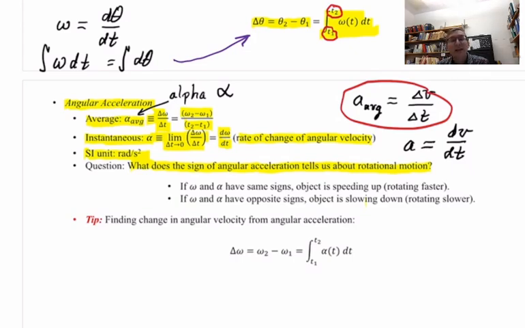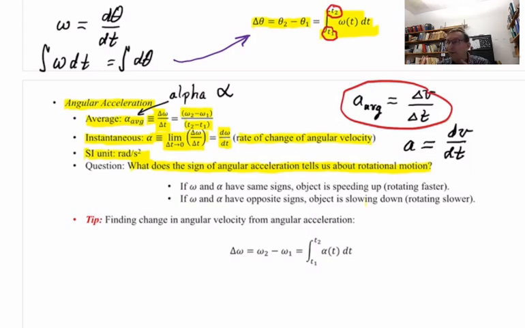What does the sign of the angular acceleration tell us? Well, let me go back to Chapter 2 again. What did the sign of the linear velocity, v, tell us? Simply the direction of motion, plus x or minus x. What did the sign of the linear acceleration tell us about the motion?